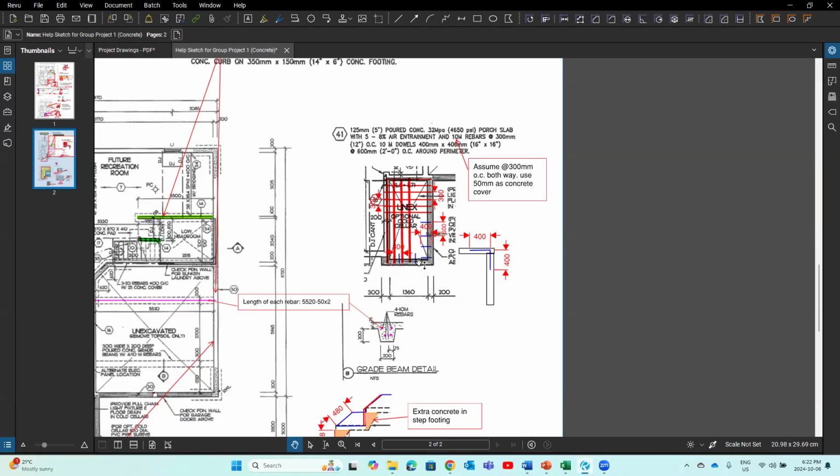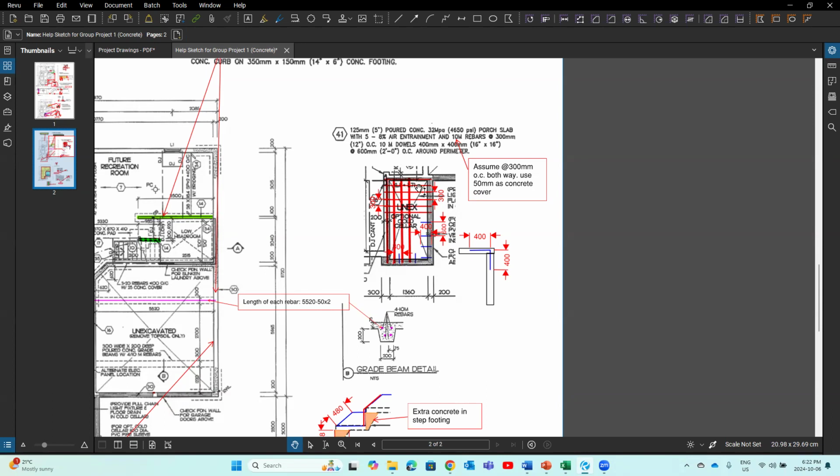If you want to get the length of this rebar, you take this dimension and subtract 50 millimeter concrete cover on this side. The other side you don't really need, because on the outside you do have concrete there as well for the foundation wall.